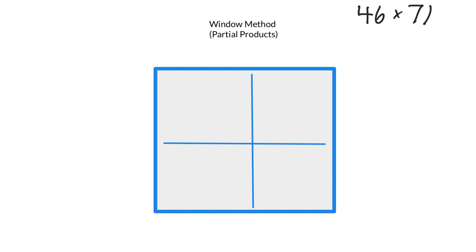So we're going to take 46 and we're going to put it into 40 and 6. And then on one of the vertical sides, either one, we do the other one. 71 becomes 70 plus 1. And now we just multiply lined up with the rows and columns.